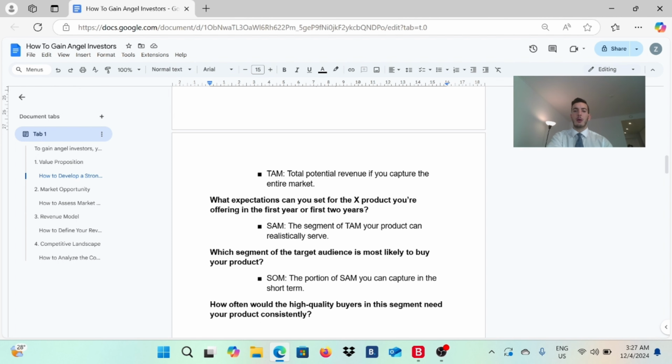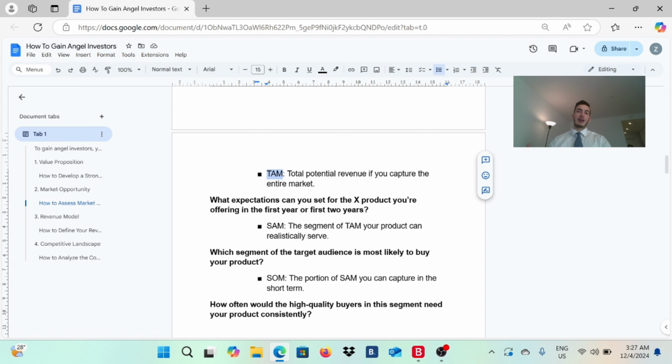Now we'll talk about the segment of the TAM. Which segment of the target audience is most likely to buy your product? That's exactly what we're looking for.